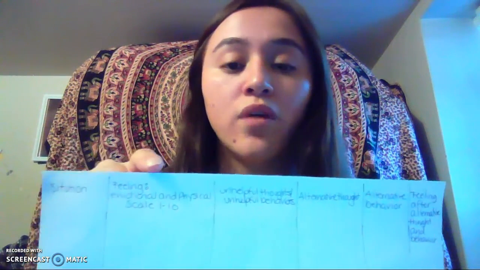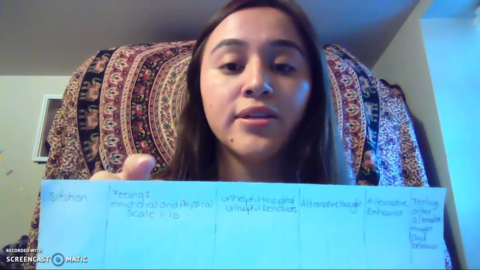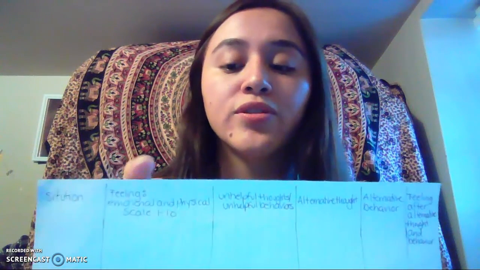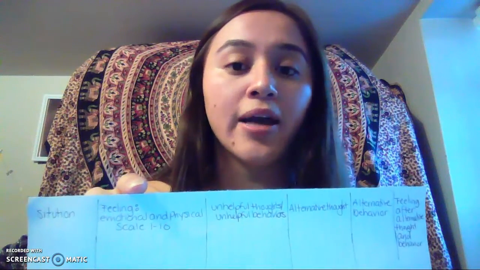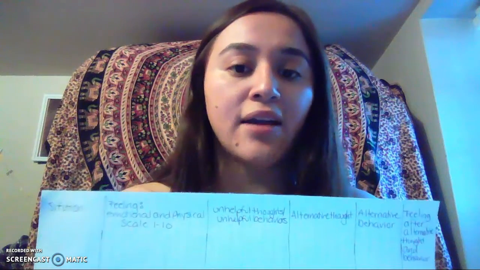So then we're going to move on to the second section and we're going to put that on a scale from 1 to 10. I'm going to put that on the number 9 because it was just really bad. I hated it. I remember I would do anything just to get out of it because I just did not like presenting in front of class, especially because my face would turn really red, like a tomato.